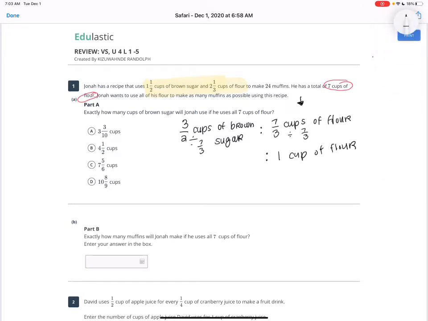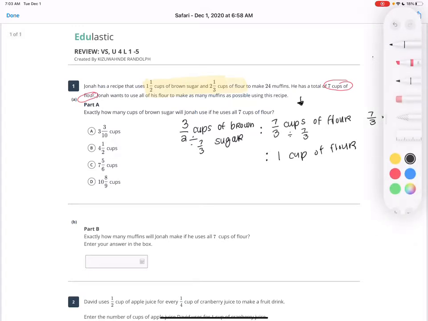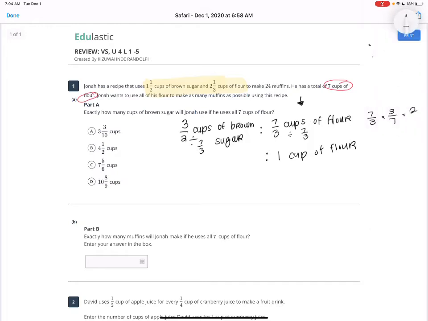All right. So anytime you divide fractions, you have to apply the multiplicative inverse, which is 7 over 3 times 3 over 7, and that's going to equal 1. Okay, so we know that when we multiply going across, it's going to equal 1, because 21 over 21 is 1 whole.